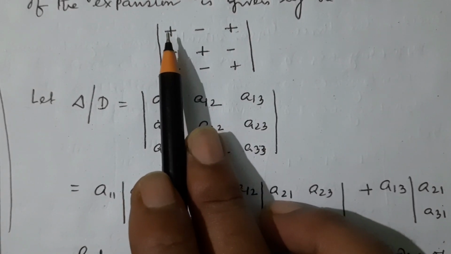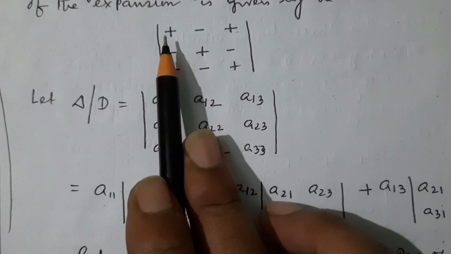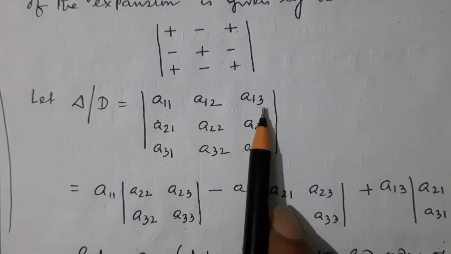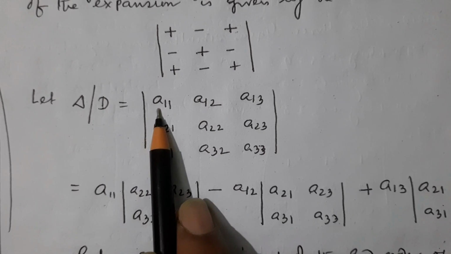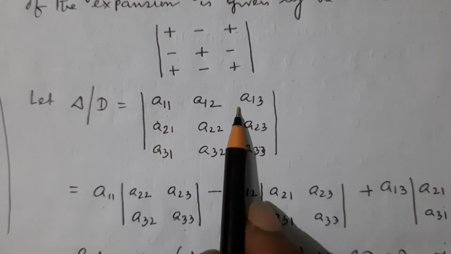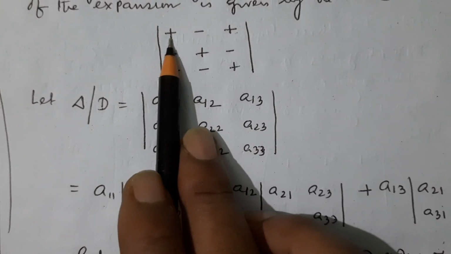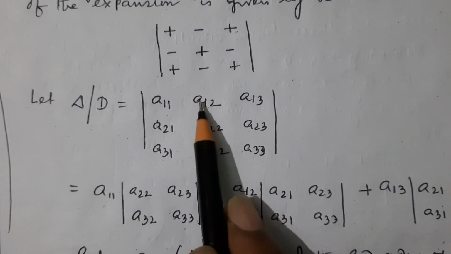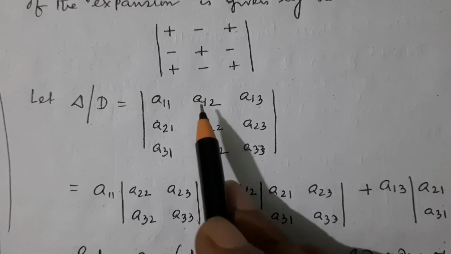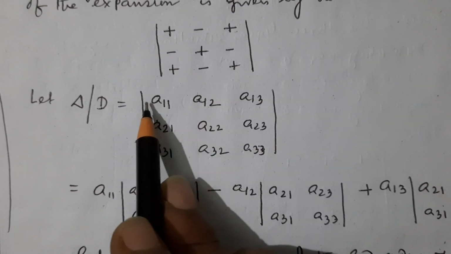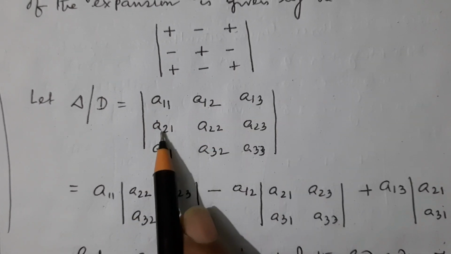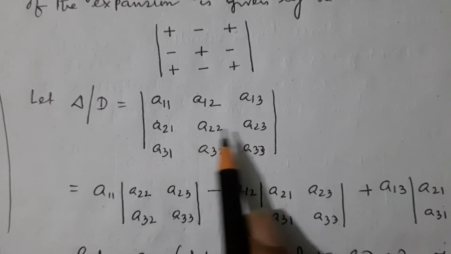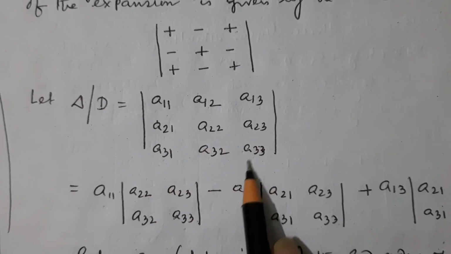Similarly, this is plus, this is the sign rule. If you expand the determinant with respect to any one row or any one column, say the first row, then the first sign is plus, the second sign is minus. So this is minus, its element is a12, and we draw a line and we get the uncovered elements a21, a23, a31, a33.